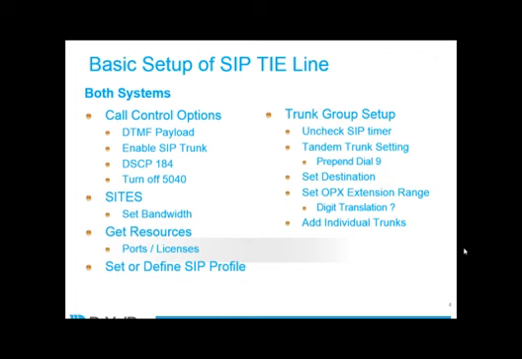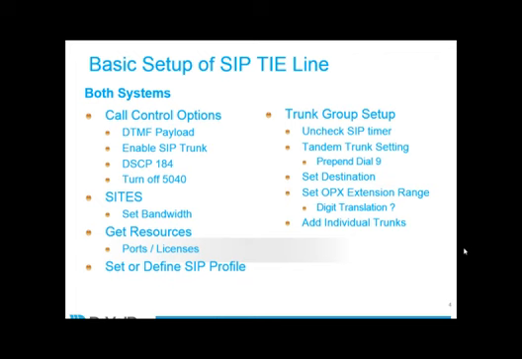So you'll set up, ShoreTel provides a couple of default profiles. There's something called a standard tie line that generally gets the job done, but you may have to get in there and do some different changes to really fine-tune your implementation. In the actual trunk group setup, we're going to deal with the SIP timer.